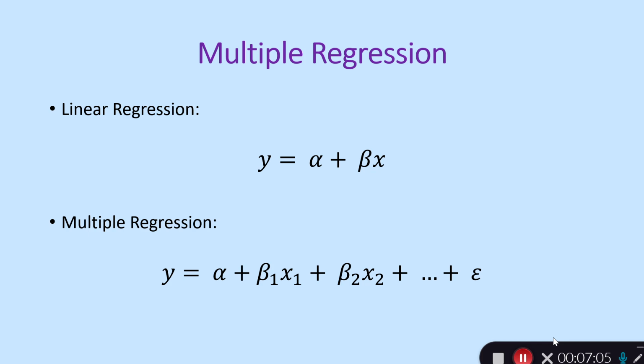So we've now got y equals alpha plus beta 1 x1, so the slope of our first independent variable, plus beta 2 x2, so x2 being our second independent variable. And we can continue adding them, plus epsilon, which, if you remember, is that irreducible error term that sometimes is written into the equation, sometimes is left off. So here you can see I've added a second independent variable x2, which has its own slope relative to the dependent variable, but I could just keep adding further as required.